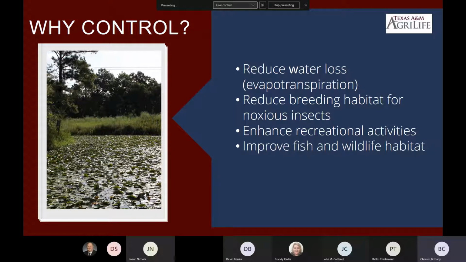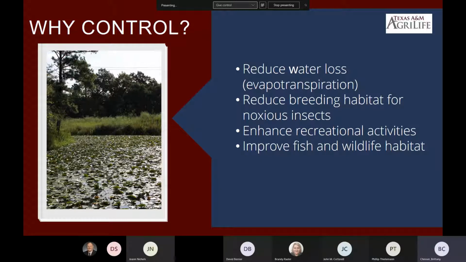And I know I said water loss as the number one thing, but actually, as someone who has more of a fisheries background, this would be the number one thing for me. If you have something like you see on the left-hand side there, just completely covering the top of your water body, you're going to have some significant impacts on your fishery.